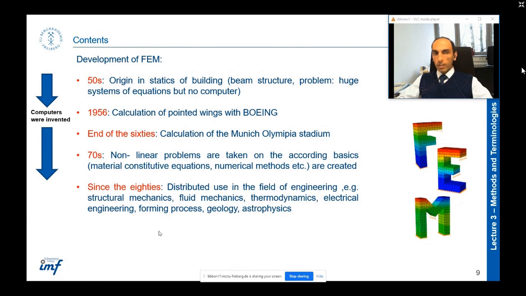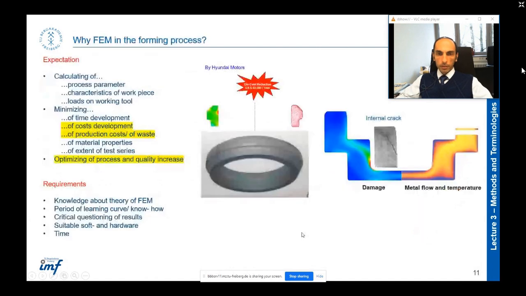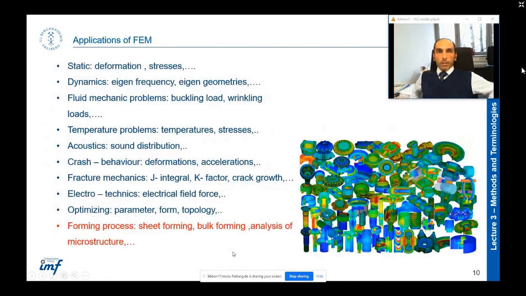And since the 80s, the application of FEM is distributed in different branches like fluid dynamics, fluid mechanics, thermodynamics, electrical engineering, geology, and many different branches of science. Okay, as I said, the application of FEM is not restricted to metal forming.